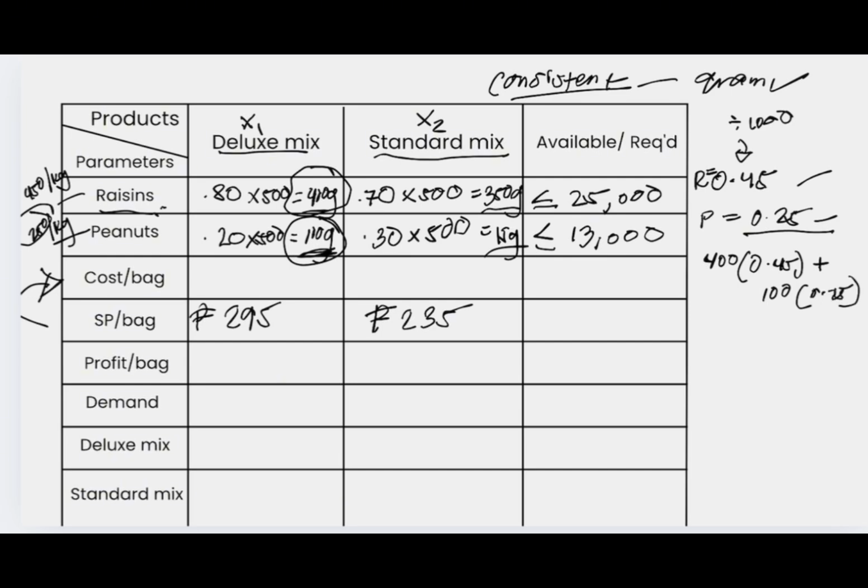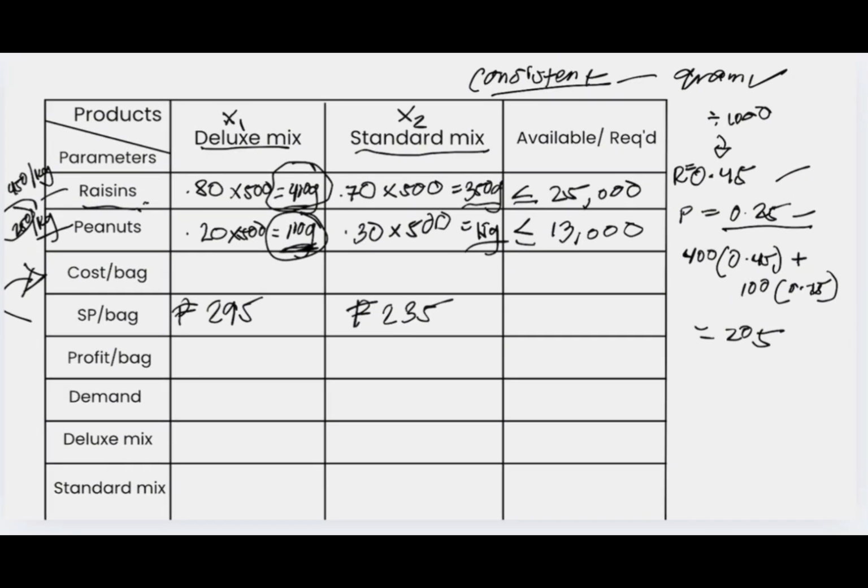And that would give us 400 times 0.45 plus 100 times 0.25, which is 205.